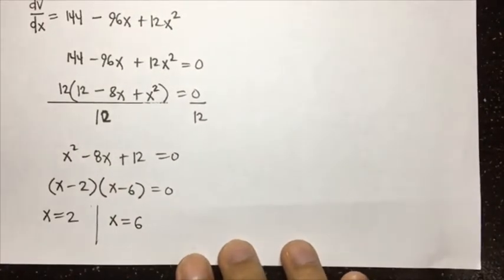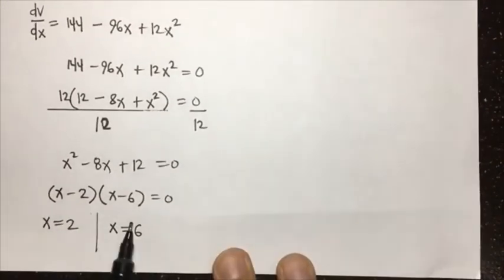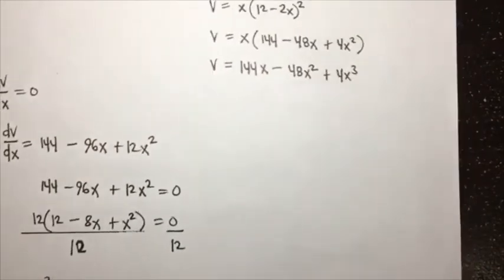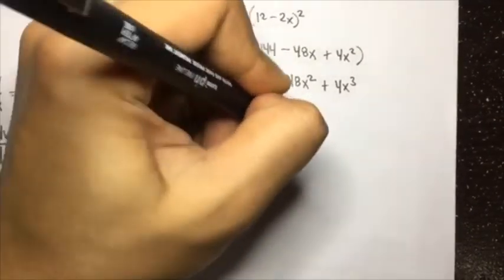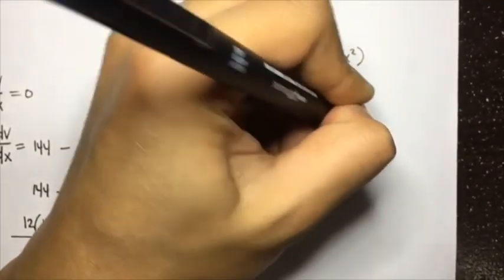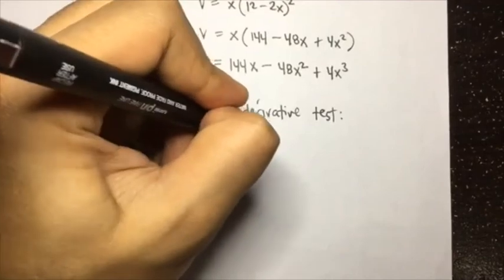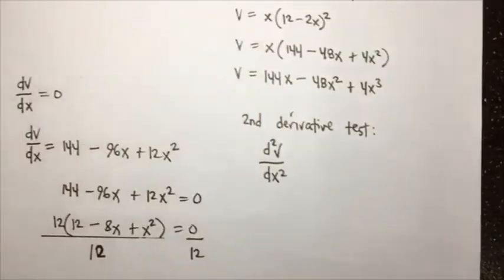Next, we'll try to determine which one would give a maximum value for the volume using the second derivative test. So we have d squared V over dx squared.